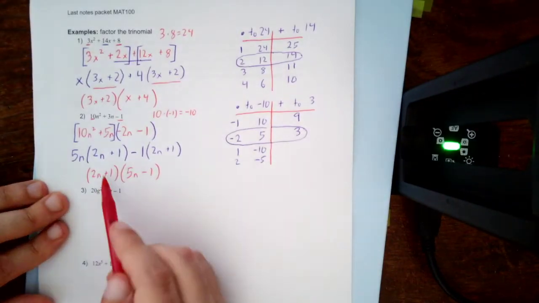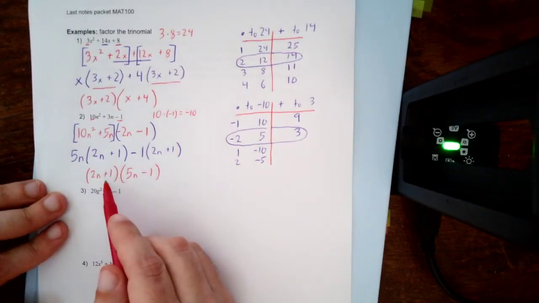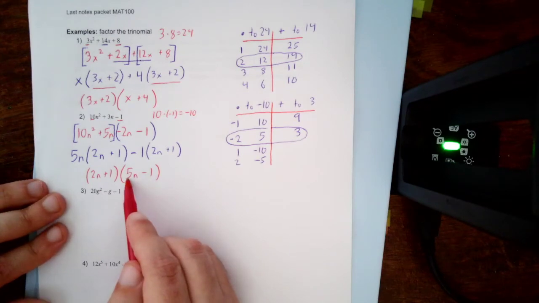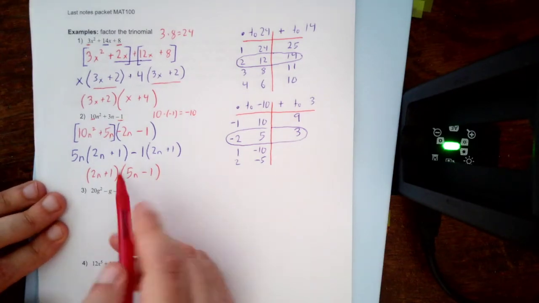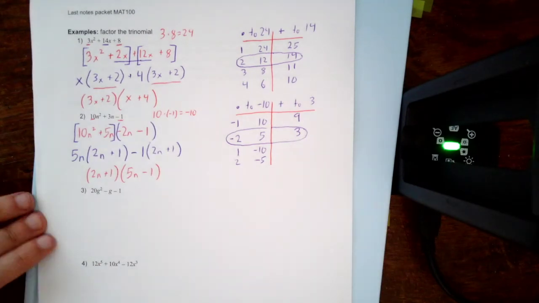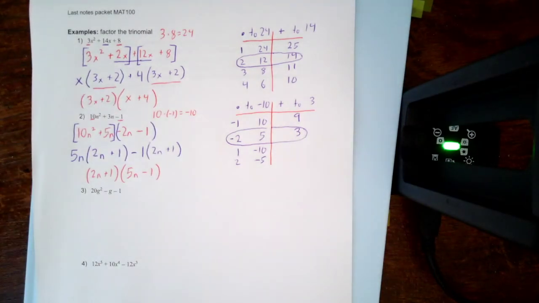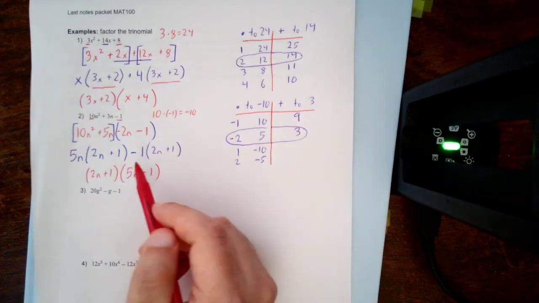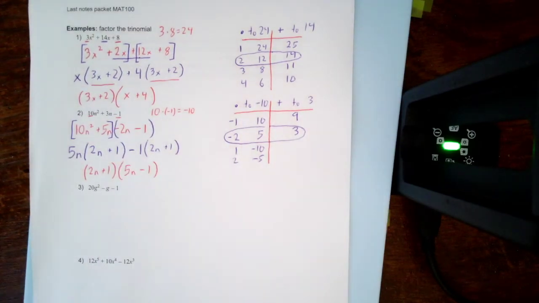So my factored form becomes 2n plus 1 times 5n minus 1. Notice we've created groups, right? That's the key here, is you're looking to create convenient groups that allow you to then factor.